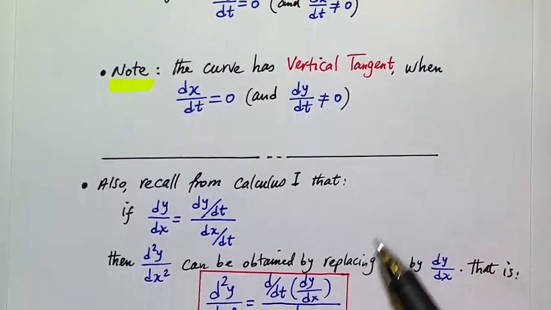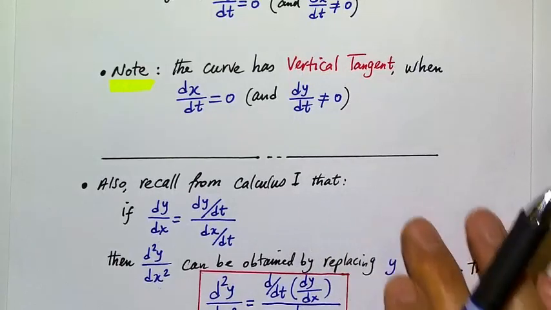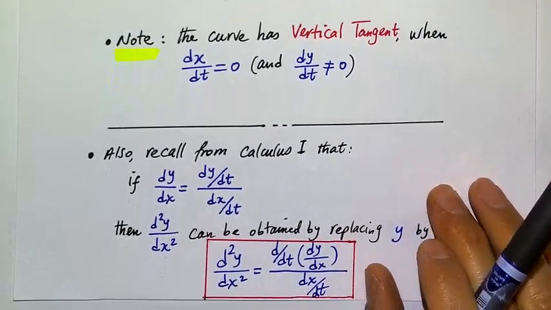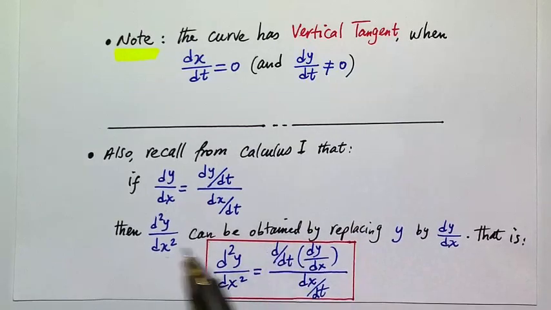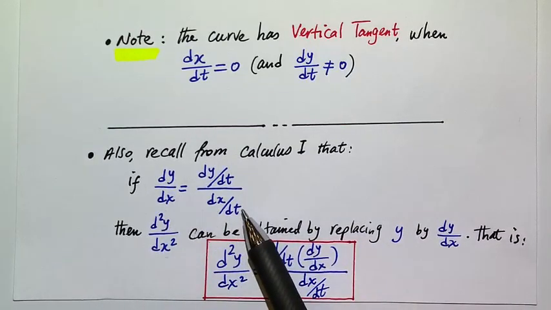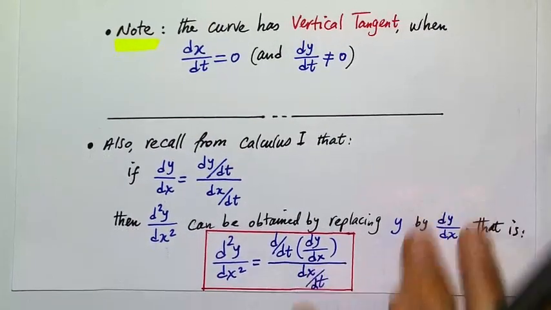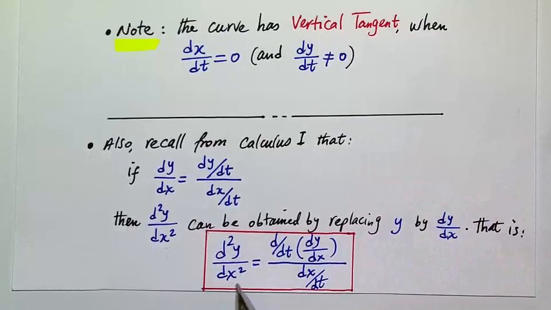Now here's something we studied in Calculus 1. We will use it here in this section, so I just wanted to remind you of it. If we have dy/dx, the question is how do we get the second derivative if we need to with parametric equations? Well, all we have to do is take the derivative of dy/dx again.